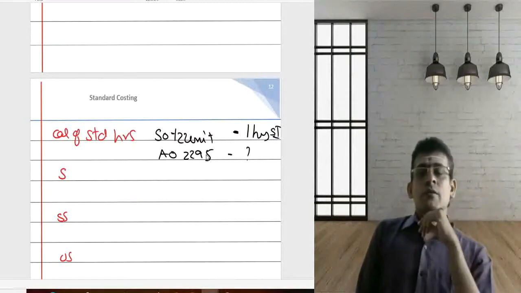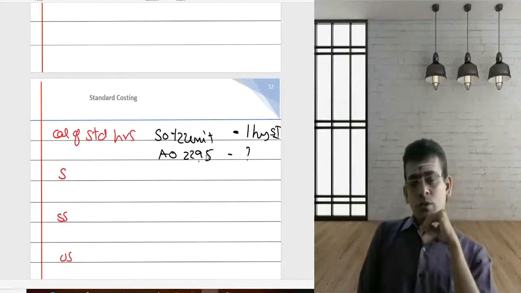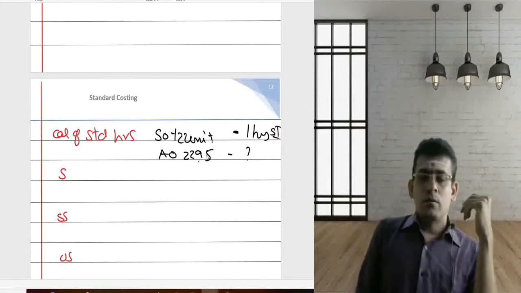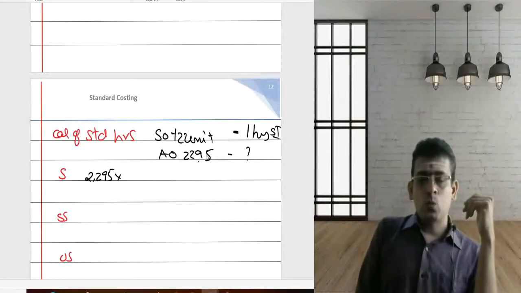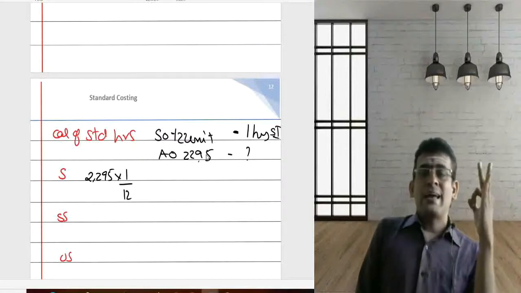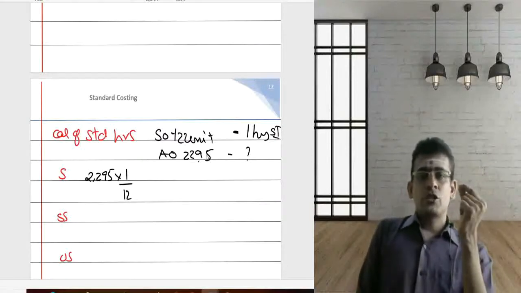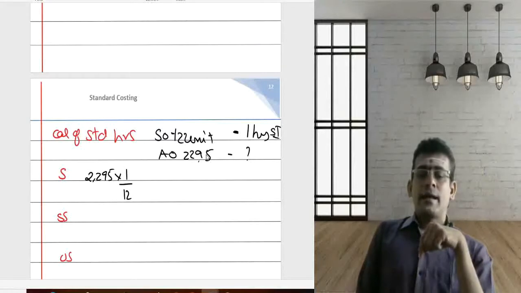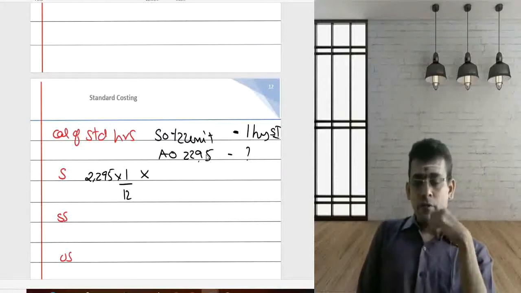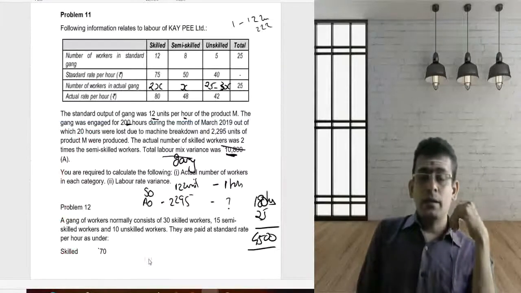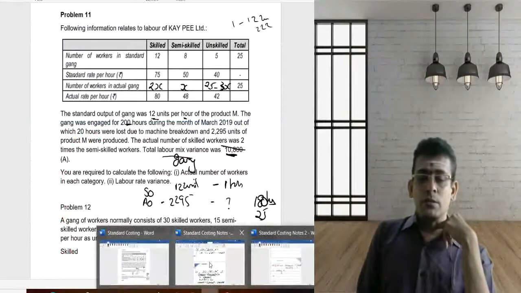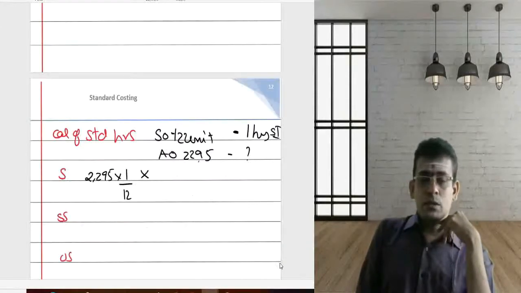So 2295 in how many hours? That means what I will do? 2295 into 1 divided by 12. So if I do 2295 into 1 by 12, I will be getting the duration for one worker. Like that, how many standard workers are there? We need to multiply. There are 12 standard workers, so I need to multiply this with 12.